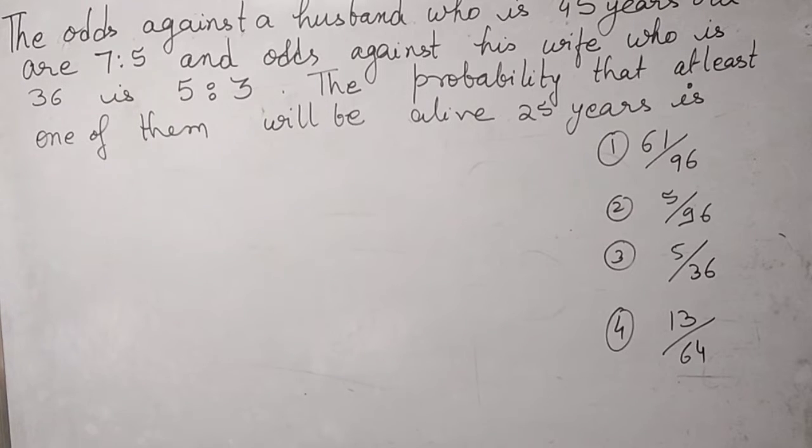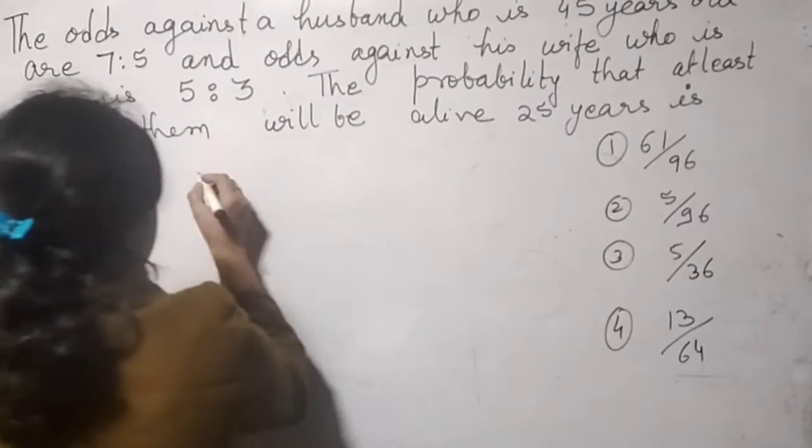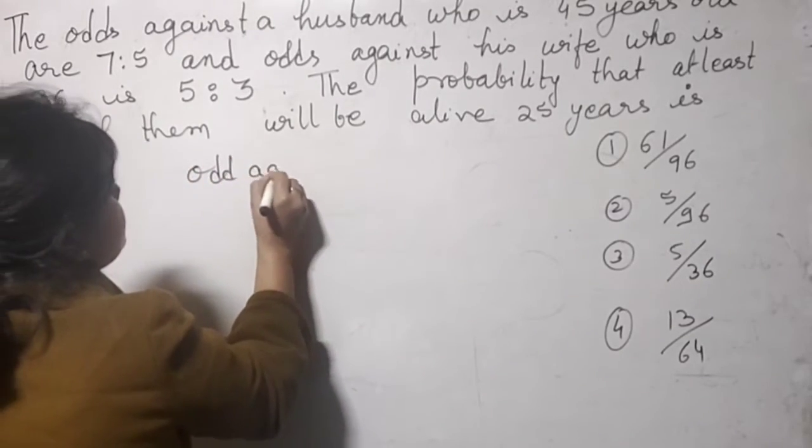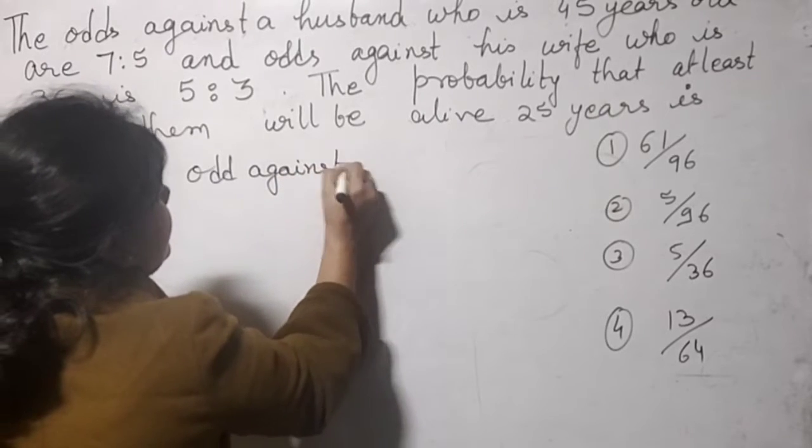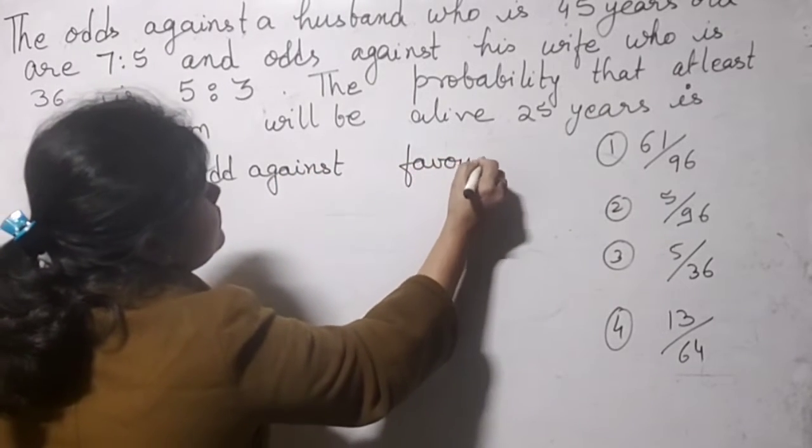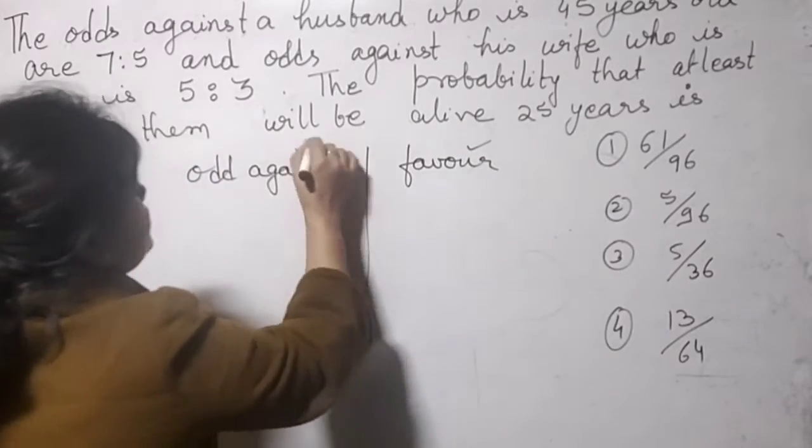Now, how will we solve these types of questions where odds against and in favor are given in the question?